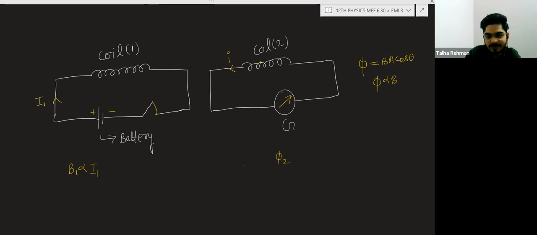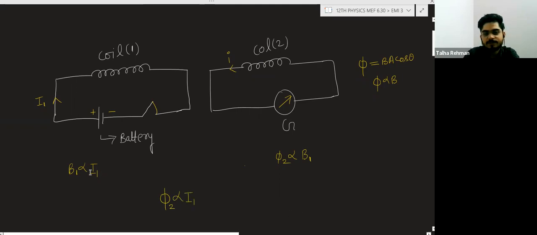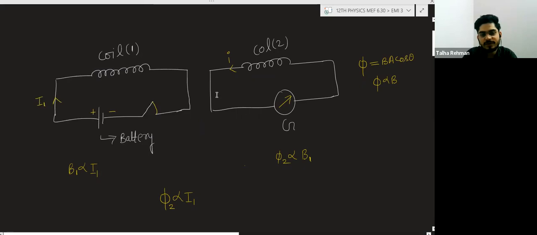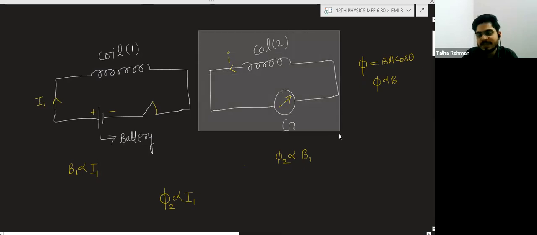So the flux in coil 2 is directly proportional to the magnetic field B1, and you can say that the flux in coil 2 is directly proportional to the current in coil 1, because when the current is increasing in coil 1, the flux is increasing in coil 2.